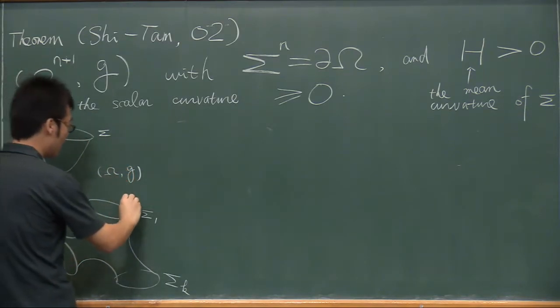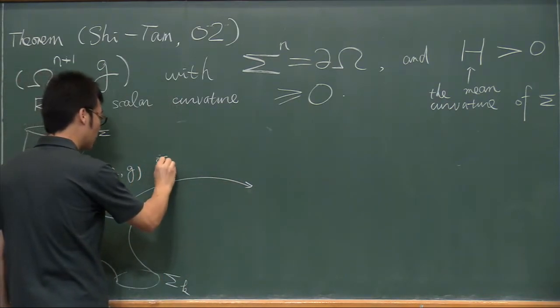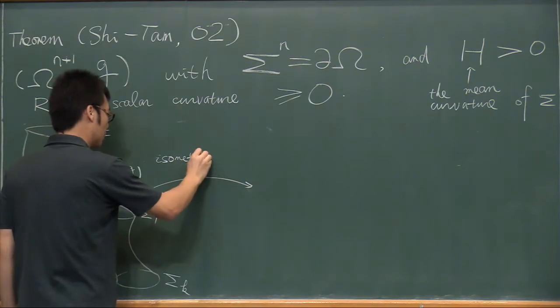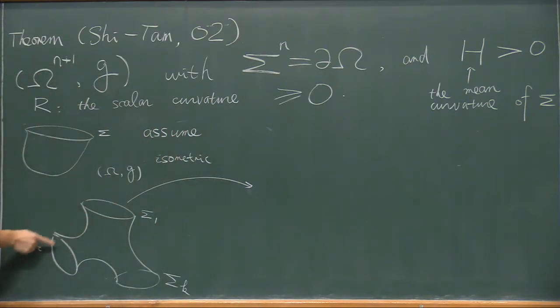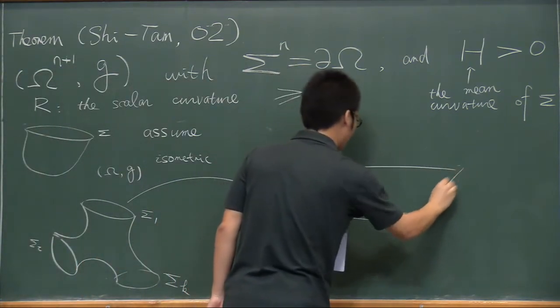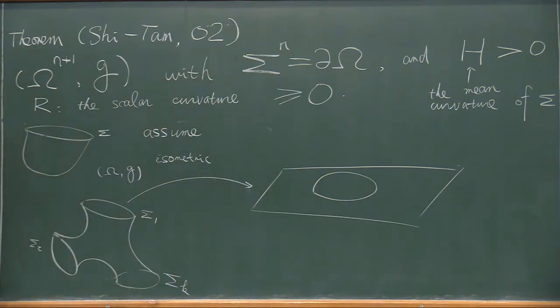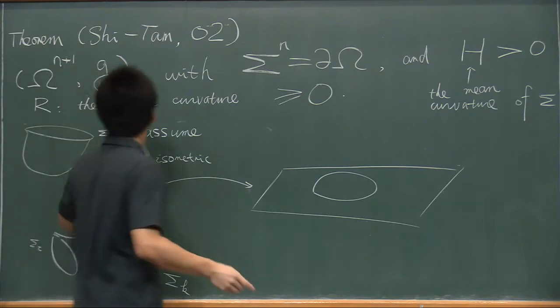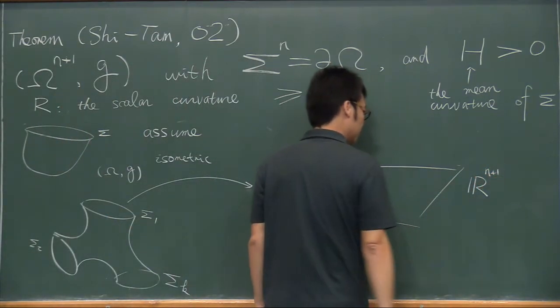So one would assume that each boundary component is isometric to a convex closed hypersurface in R^(n+1), because Omega is of dimension n plus 1.